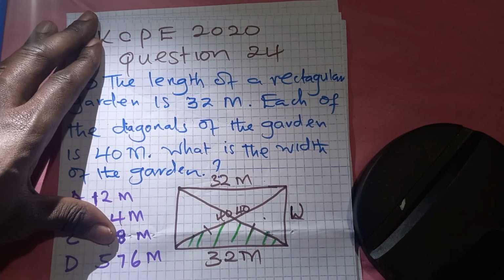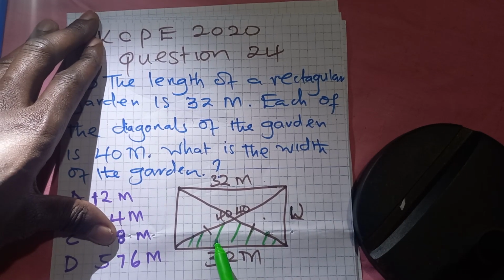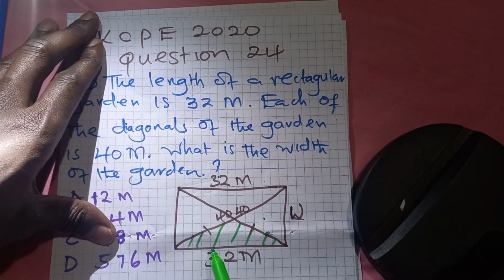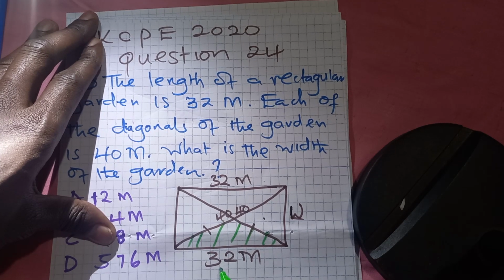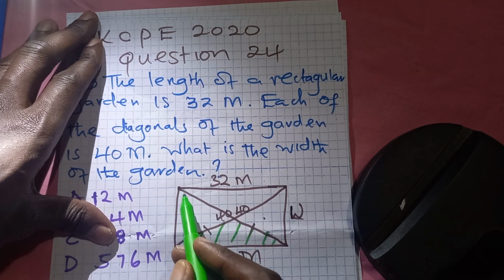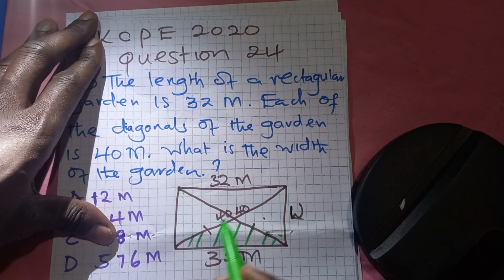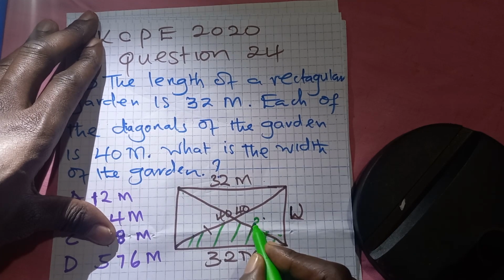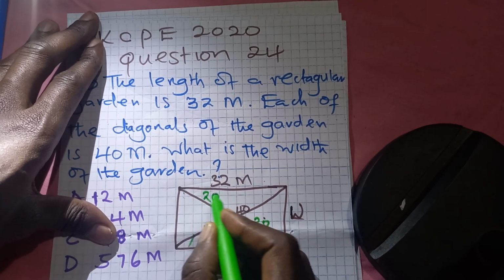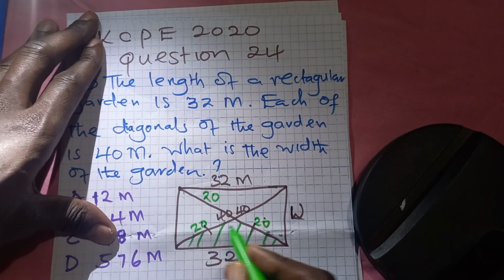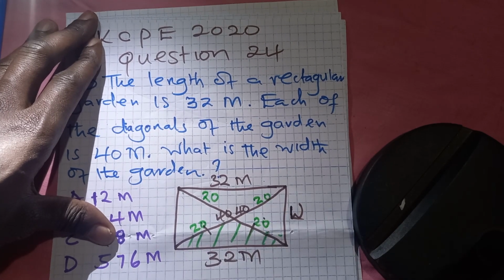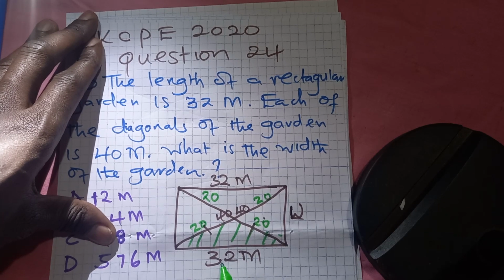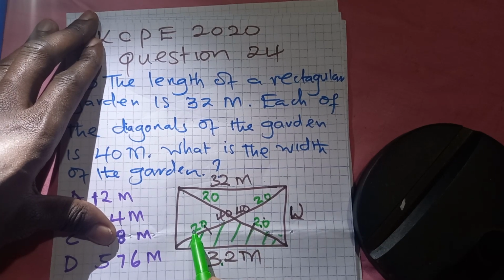We make one isosceles triangle of base 32. When the two diagonals bisect each other, one half will be 20, the other one will be 20. So our isosceles triangle will have sides 32, 20, and 20.